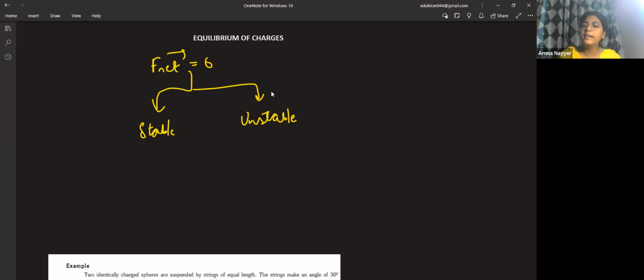Now, how to identify whether our system is in stable equilibrium? When I say system, see, there are two things. One is system, second is charges, the charge or the particle.